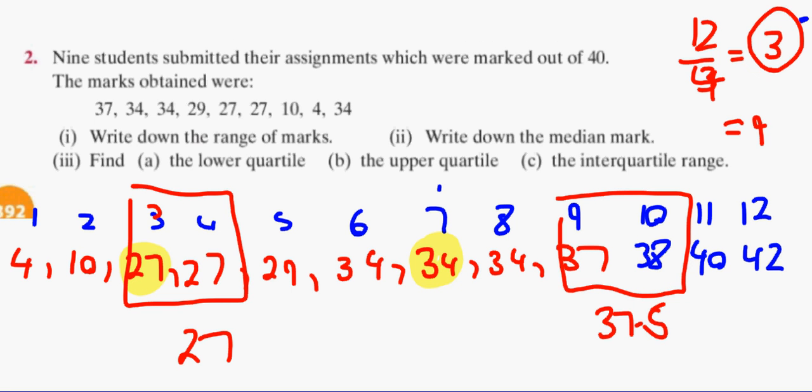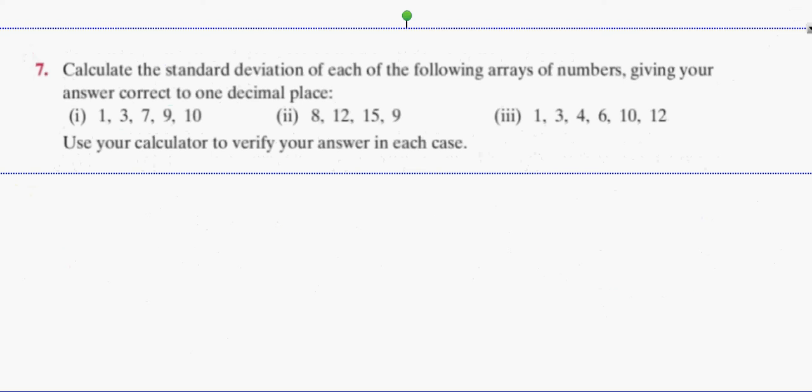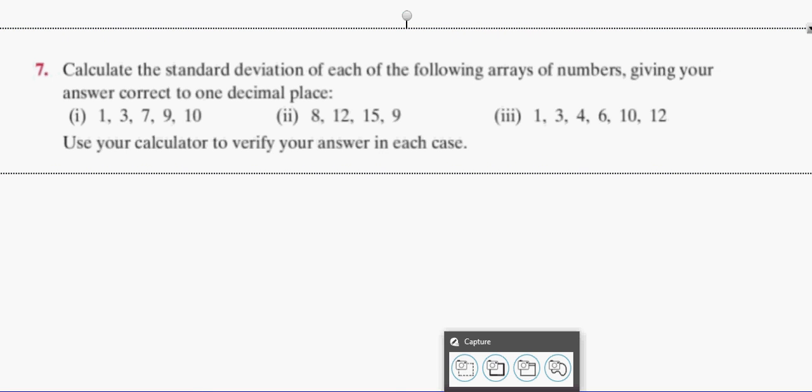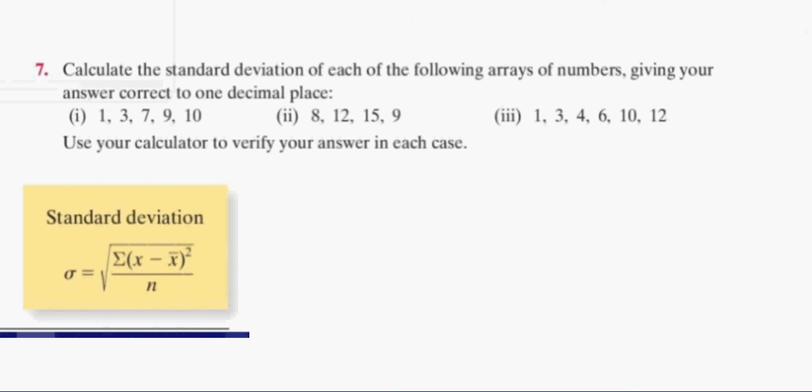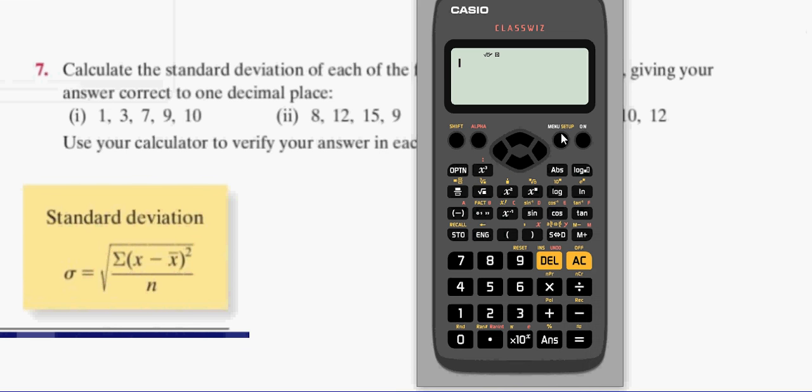Now, next thing we're going to have a look at is something called standard deviation. Now, I hope I have enough time for this, alright? I'll teach you how to do it on the calculator first. So here's what you're going to do. Everybody take out your calculator. Please. Are you ready? Really quickly. Menu. Is there a stat mode?